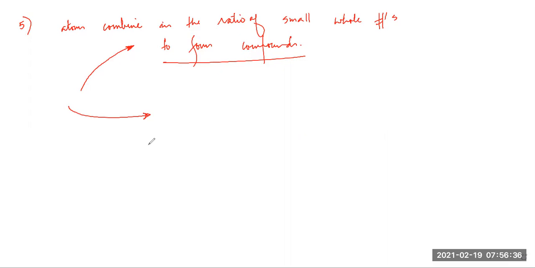Law of constant proportions. Can you tell me what is the law of definite proportions? In a chemical substance, the elements are always present in definite proportion by mass. Beautiful. You have stated so clearly.